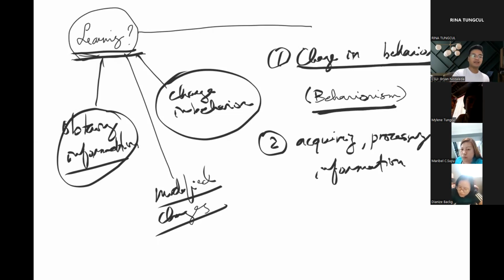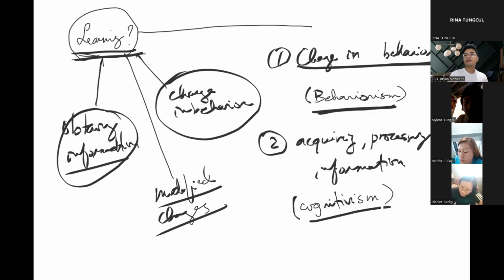But if it is acquiring, processing information, then we are subscribing to what we call the Cognitivism school of thought. Okay? Ano ang root word ng behaviorism? What is the root word of behaviorism? Behavior.